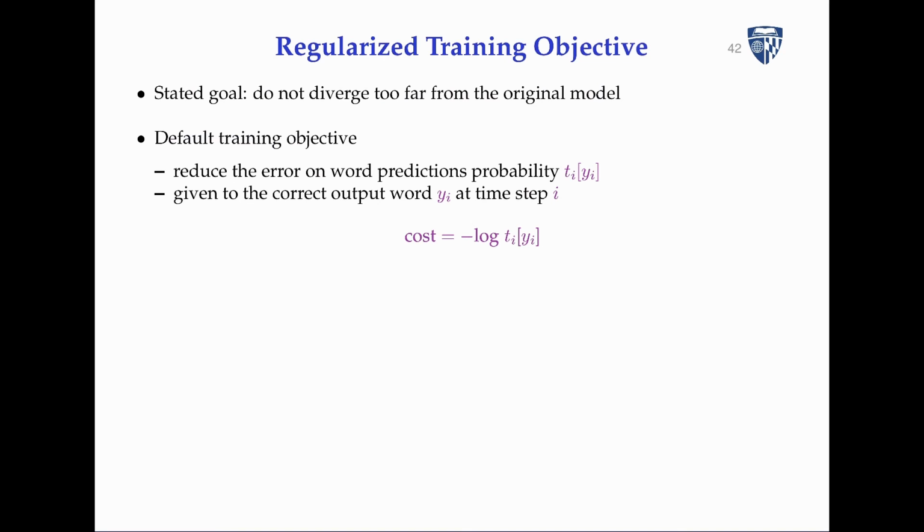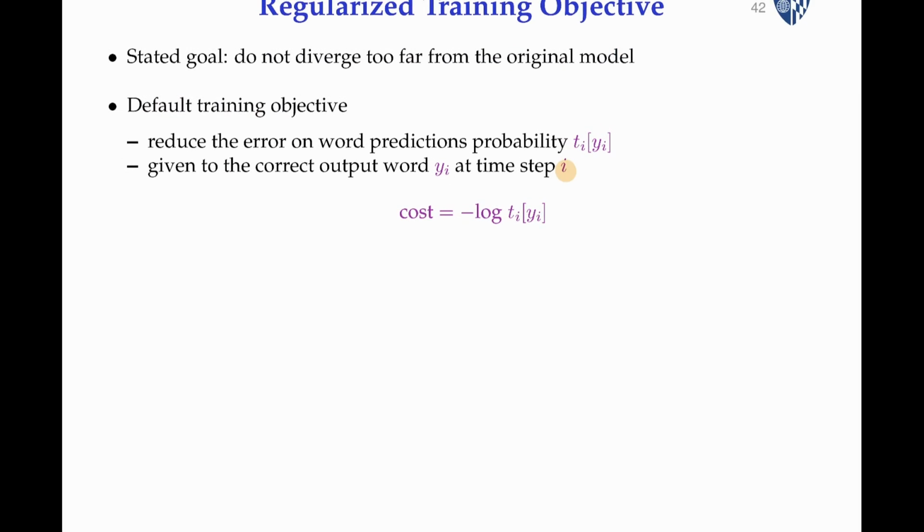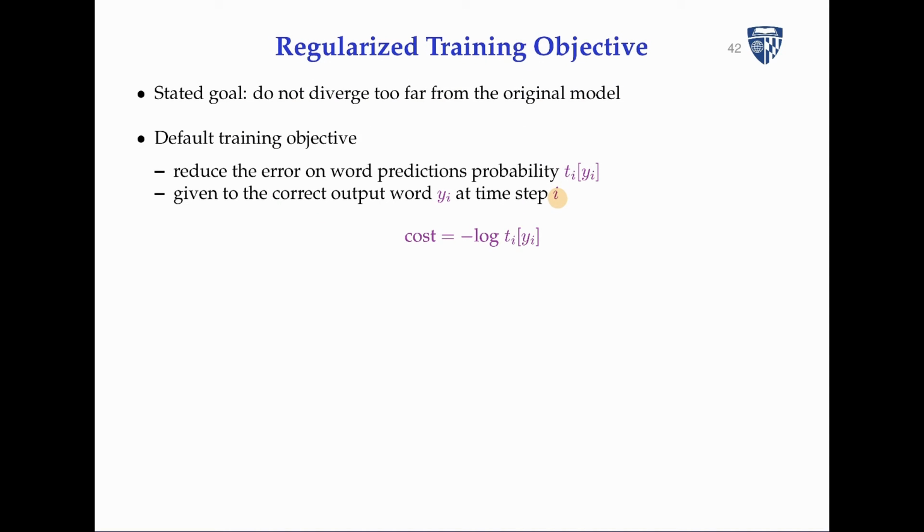The default training objective, just as a reminder, predicts output words at each given point in time. At each time step it predicts a probability distribution over the output words, and then the feedback to the training is how much probability it gave to the correct word y. It gives different probabilities to words, and the probability it gives to the particular output word y at time step i, that's your cost.